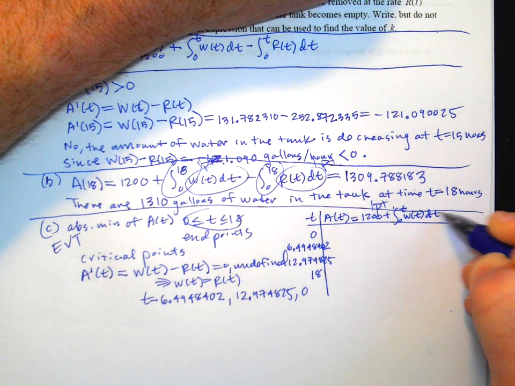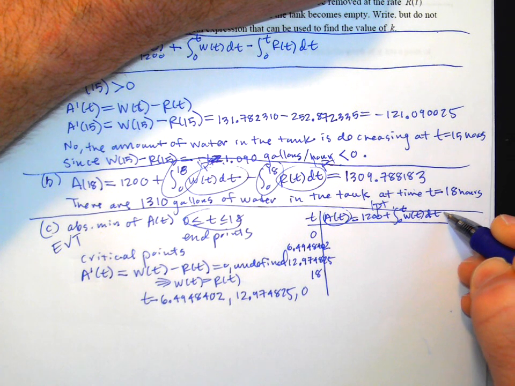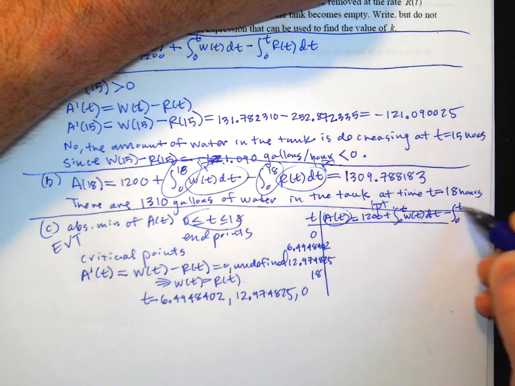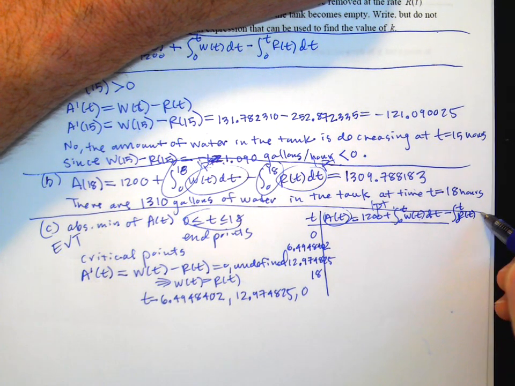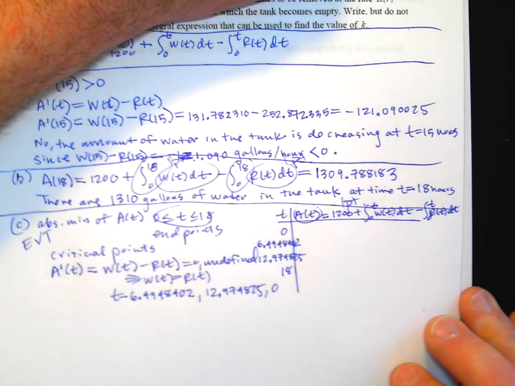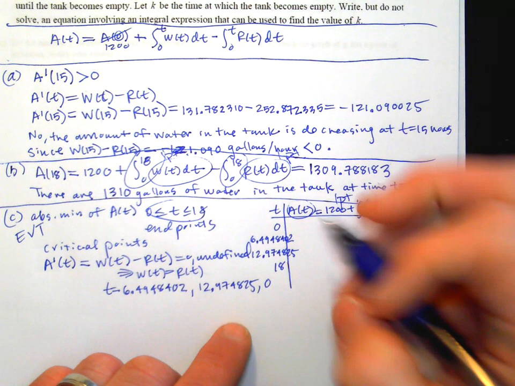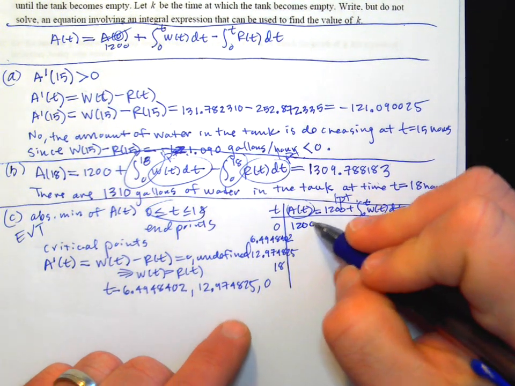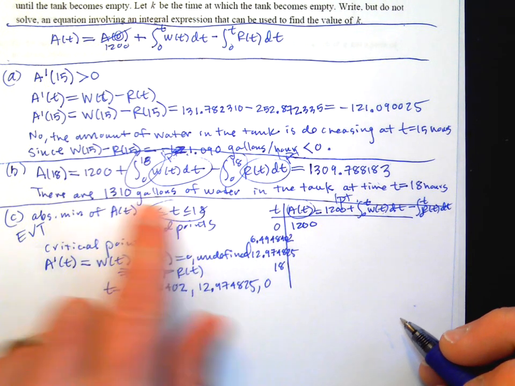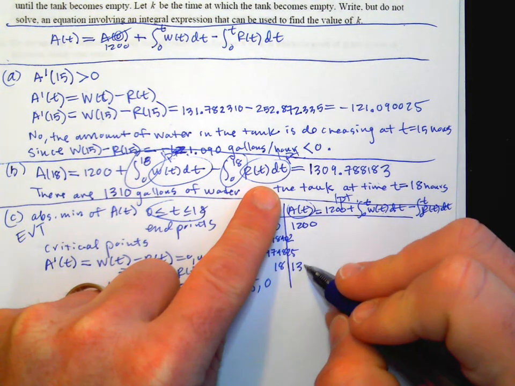I mean, you just put A(t), but I just like to write it there just to make sure I'm doing the right thing. Now, if you plug 0 in, you should get 1200. They had us find 18 already. Isn't that what we just found? So don't recalculate it.